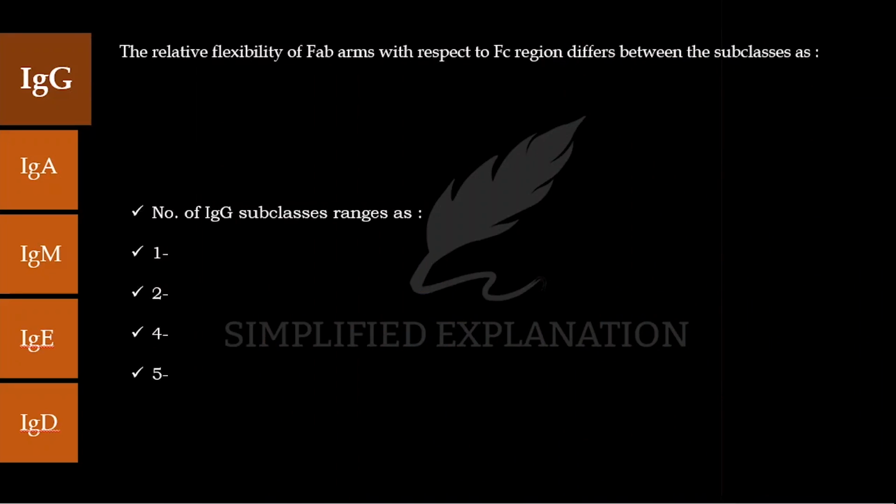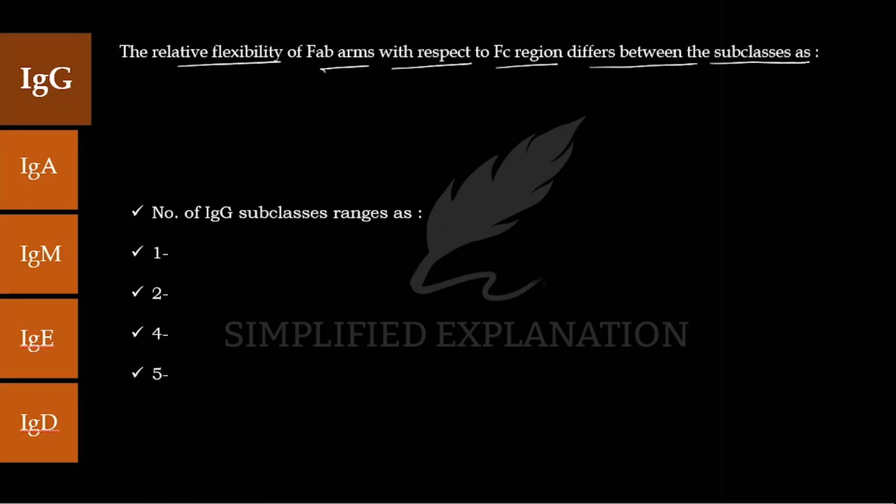Now, the relative flexibility of Fab arms with respect to the Fc region differs between the subclasses. Now we have seen all the structures of the IgG, their functions, their hinge regions and their disulfide bonds. So from here, how can we conclude the flexibility of the Fab arm, which is the most flexible among the IgGs we have studied?